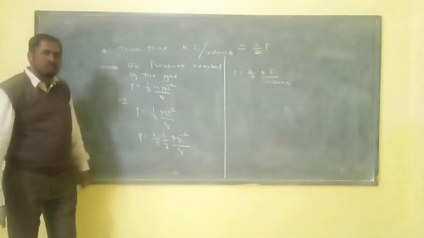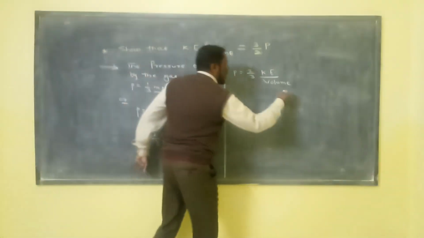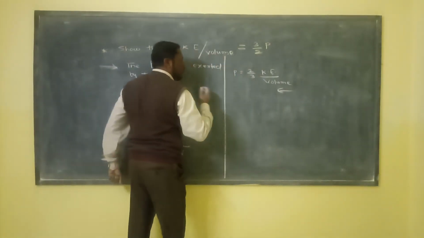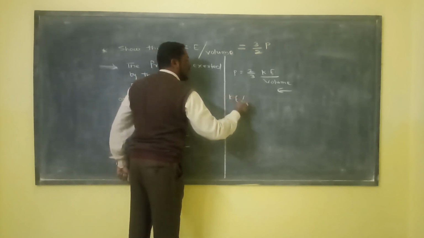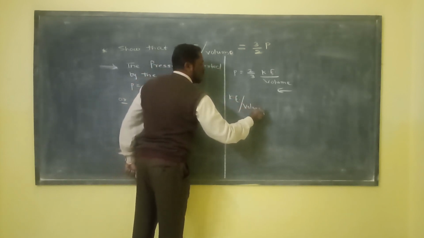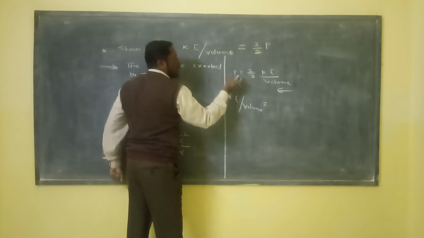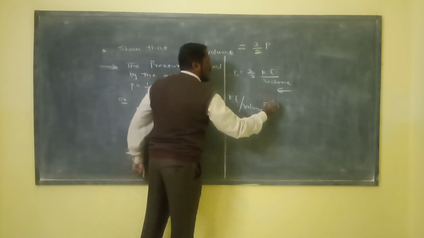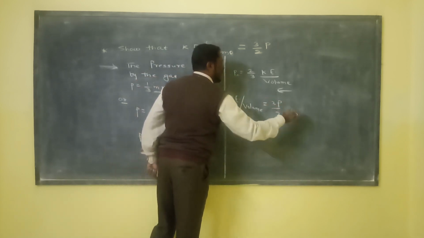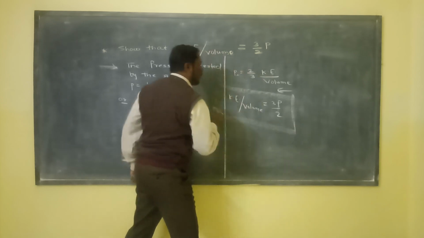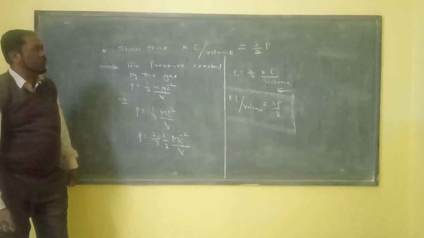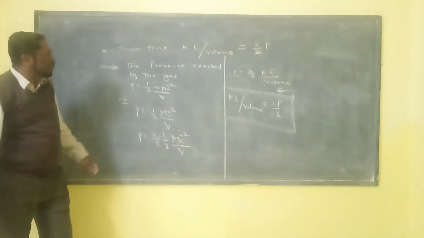So coming from this side, kinetic energy per unit volume is equal to, multiplying 3 here, it becomes 3/2 P. Hence the proof. Watch it carefully.